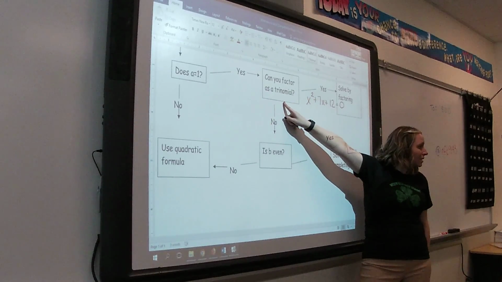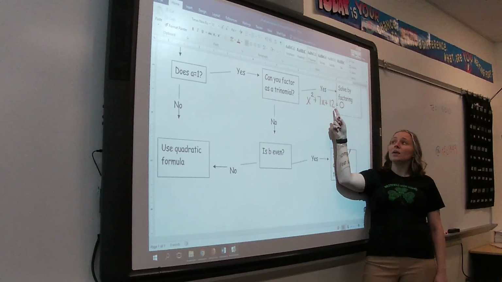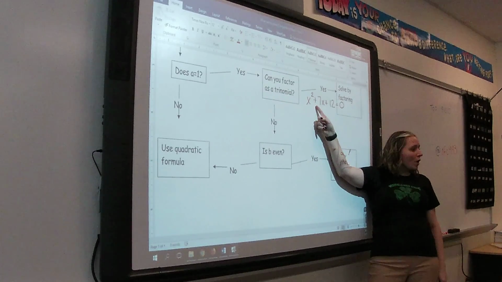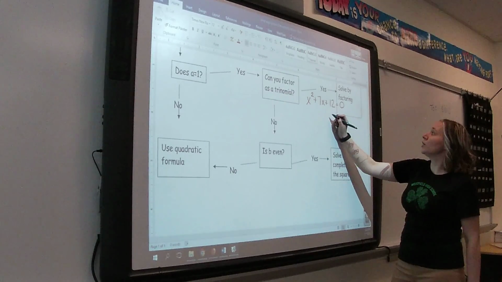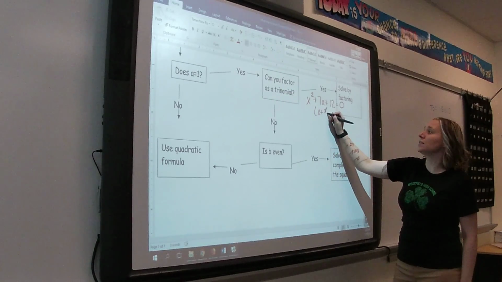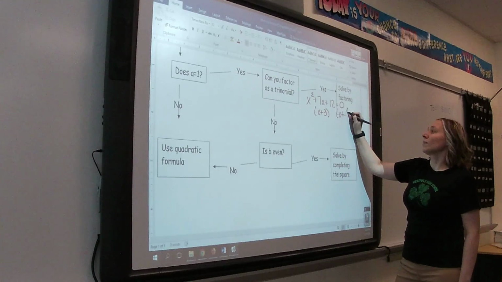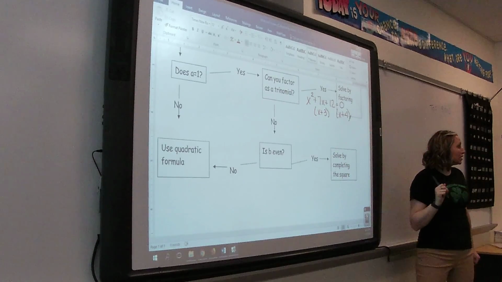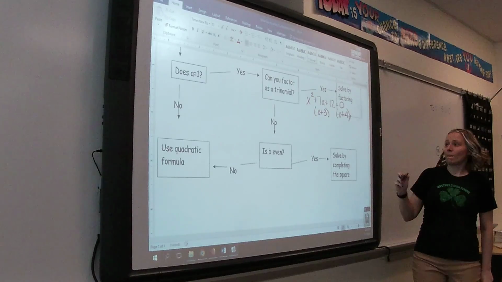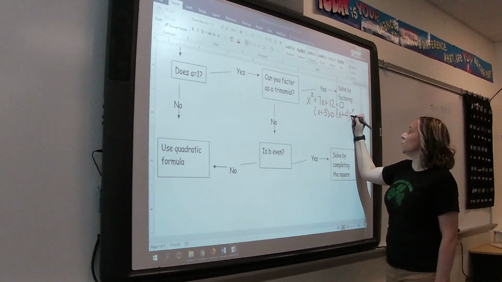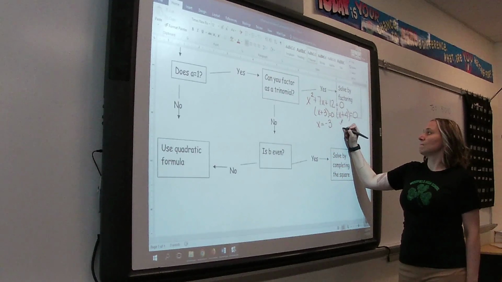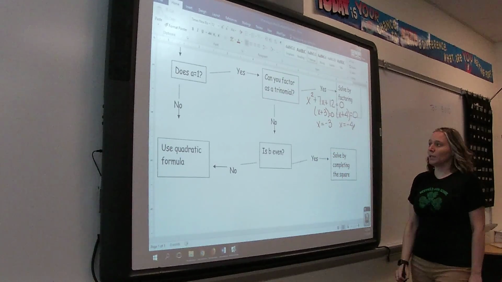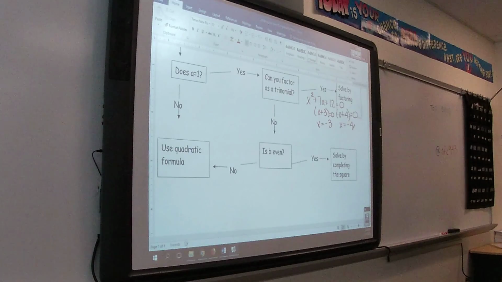Can we factor this as a trinomial? So can we think of multiples of 12 that will add up to 7? 3 and 4. So we could factor this into an x plus 3 times an x plus 4. And we could set both of those equal to 0. And we would get x equals -3 and x equals -4.